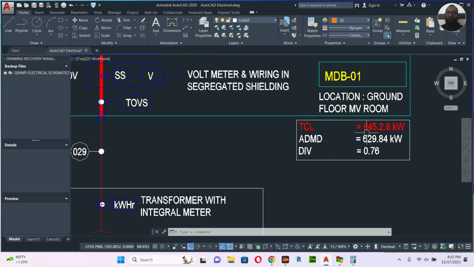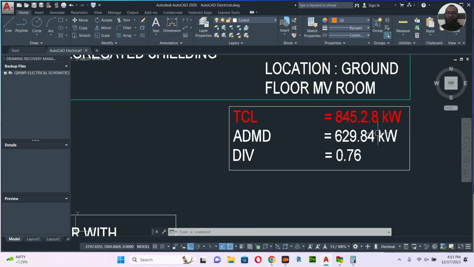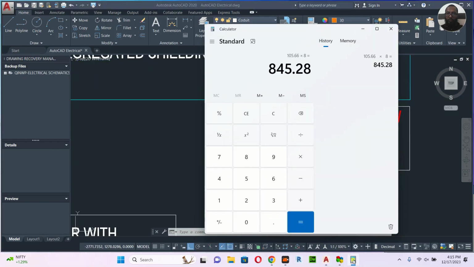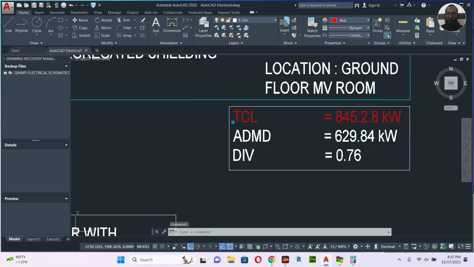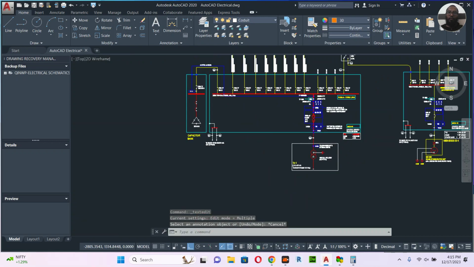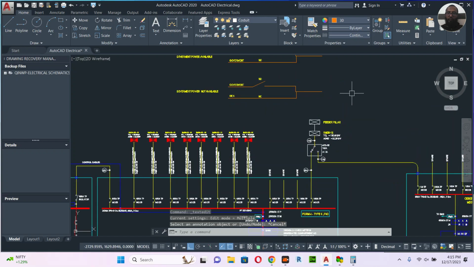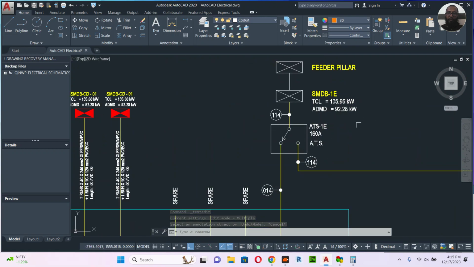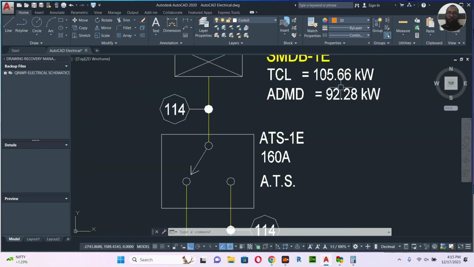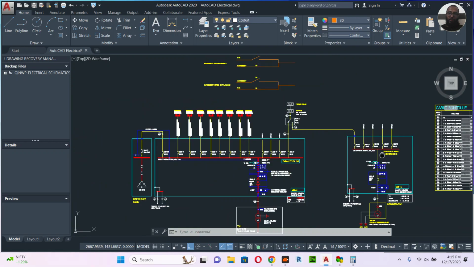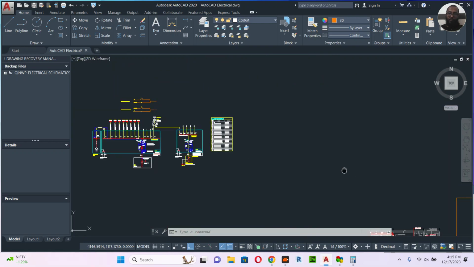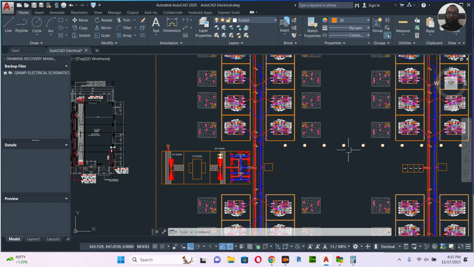Okay, now I have 845.28. I have some feeder pillar here with the emergency. So this load is not correct. So here I put some lights.